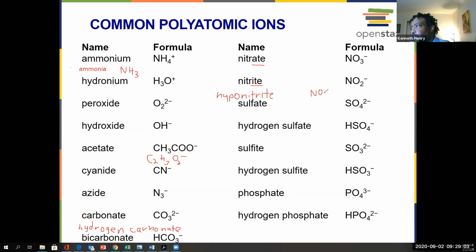That means you've lost 2. So hypo meaning under, and then ite means that you lost that 1. So you lost an additional oxygen. Okay. You could also have pernitrate. That means that you gain.